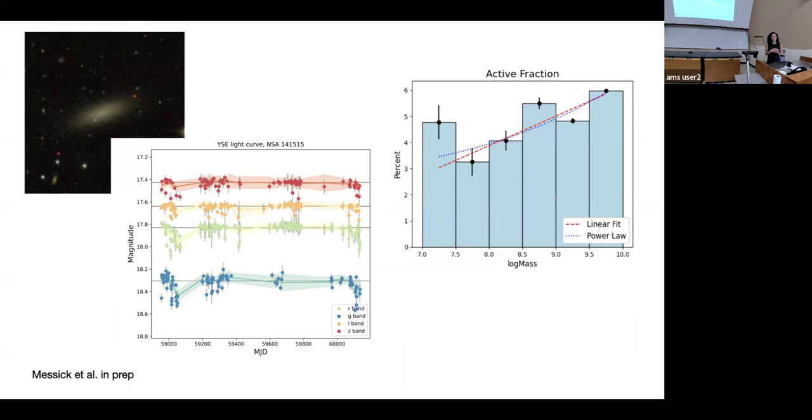So look at the overall fraction of galaxies that have an active variable black hole as a function of galaxy mass. And this is another really important point of comparison for models of black hole formation. So MESIC finds a few percent variability and maybe some drop off with galaxy mass.